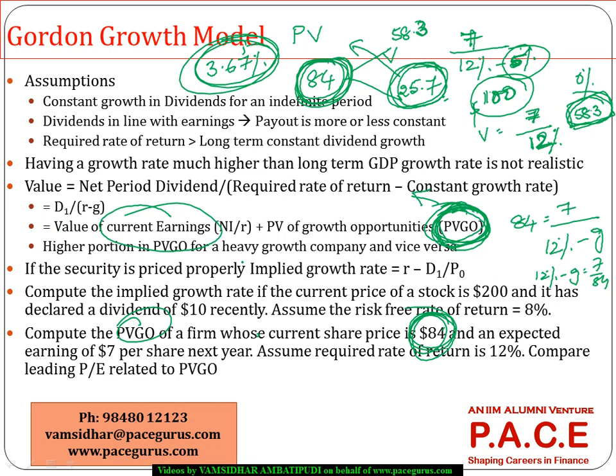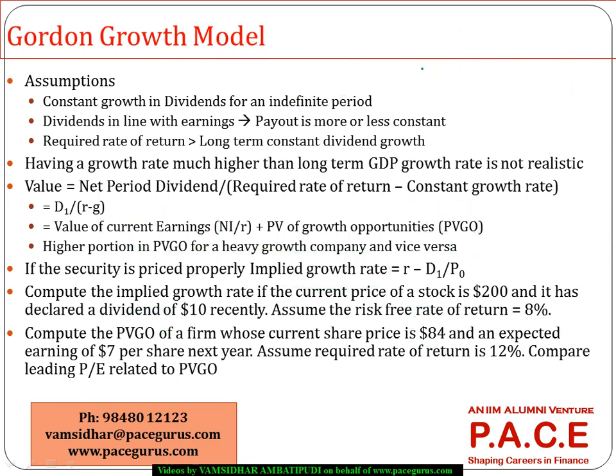And what we can also do is find out the implied growth rate by equating the model value to the market price. So here, compute the implied growth rate. If the current stock price is 200, take this as the value of the firm itself, assuming the current stock price is the same as the value of the firm.